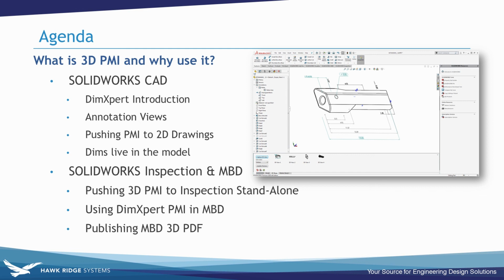Then going back into the model for DimXpert, we have the DimXpert data on the model already as PMI, and we use that in model-based definitions to push out a 3D PDF with all that data on there. So it's a nice small package that you send to somebody and they can rotate the model, see the dimensions and get everything they need to know.